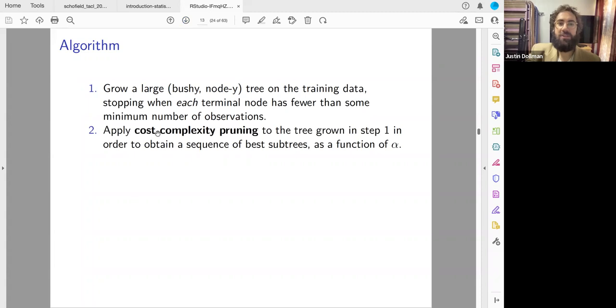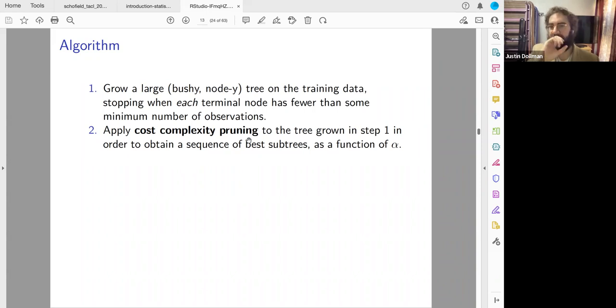Then we apply cost complexity pruning, the equation on the former slide, to the big bushy tree from step 1. And what that will do is obtain a sequence of best subtrees as a function of alpha.